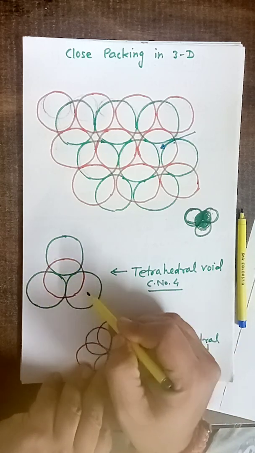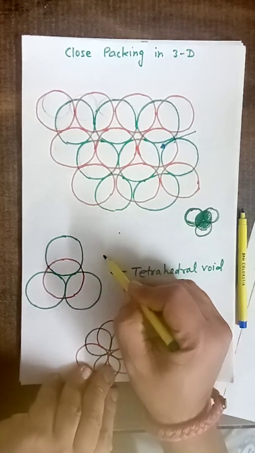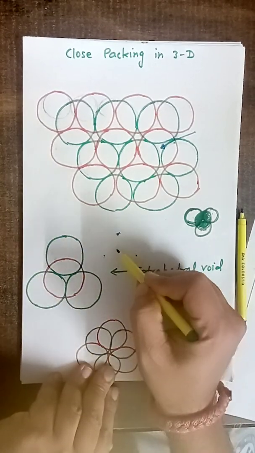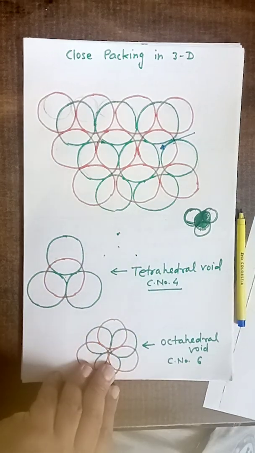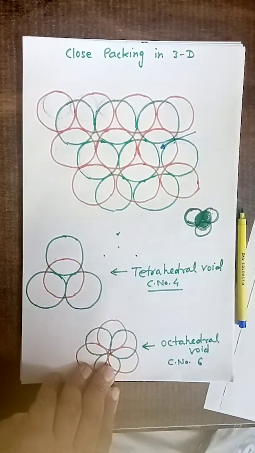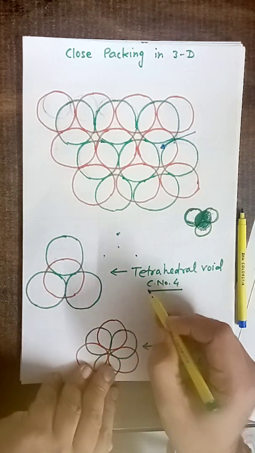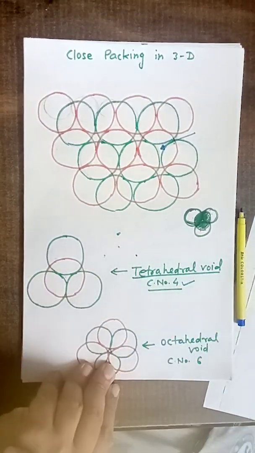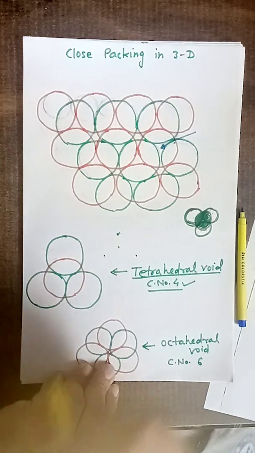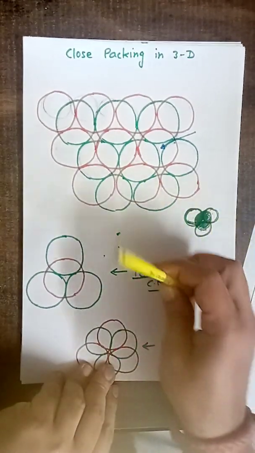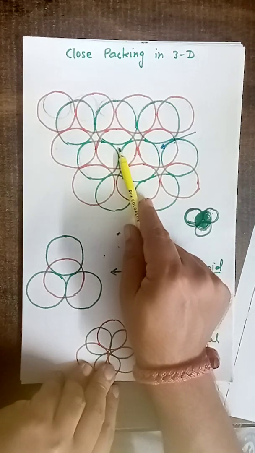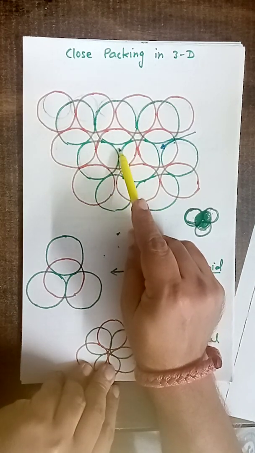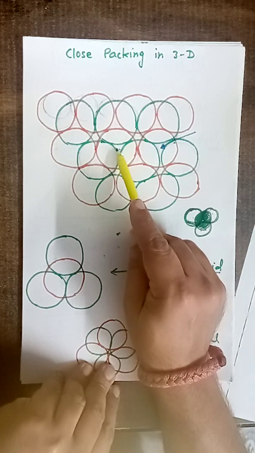If you connect the centers of all these 3 green particles, and 1 red particle just behind it, it will be a tetrahedral structure, and therefore the void is known as a tetrahedral void with coordination number 4. It is surrounded by a total of 4 particles. So once again you can see this void, its coordination number is 4. It is surrounded by 3 green particles and 1 red particle just behind it.